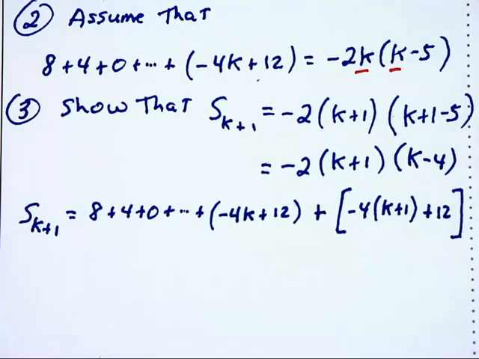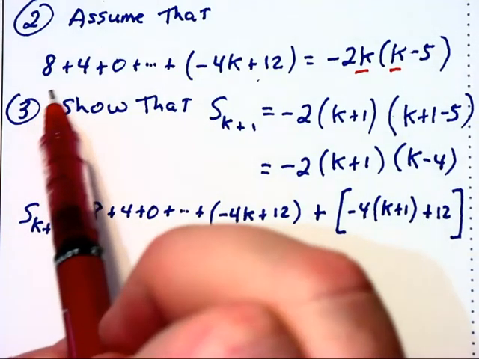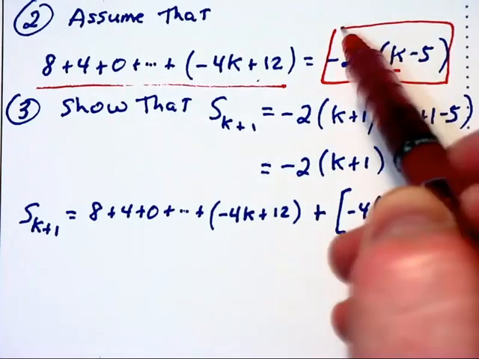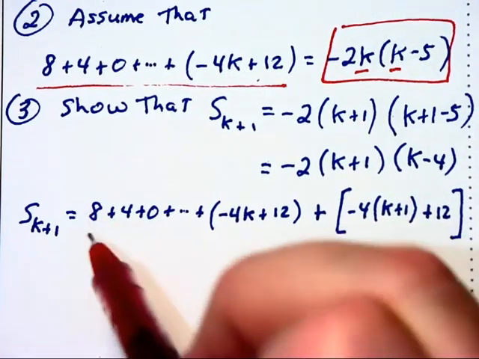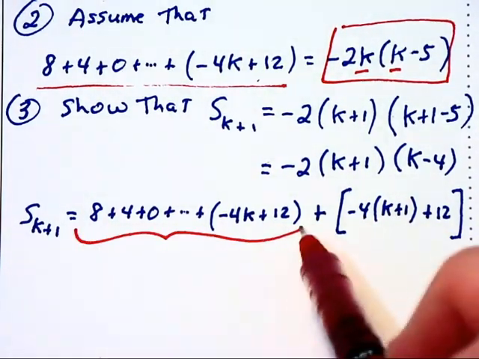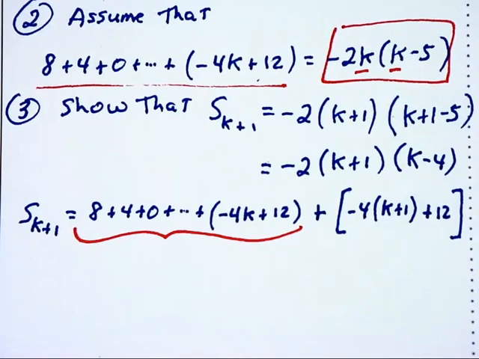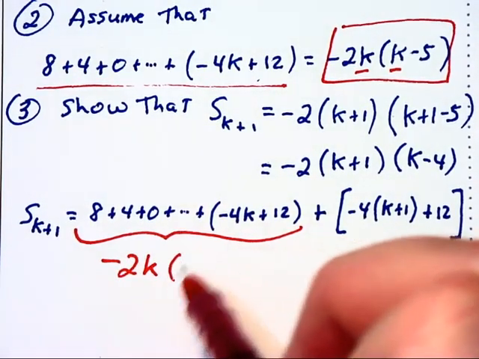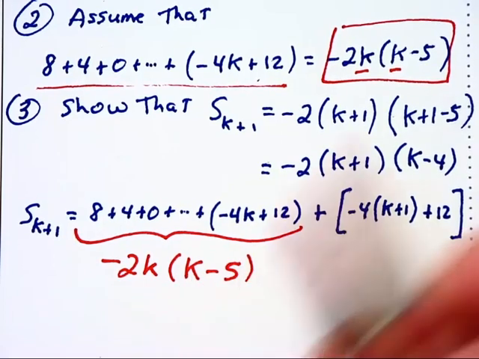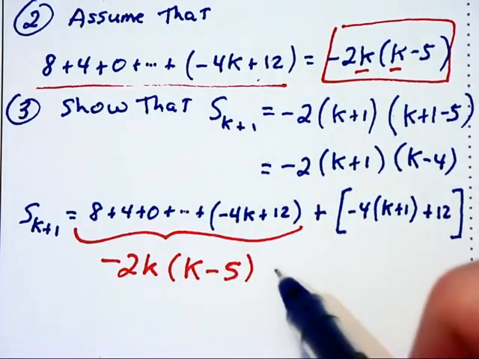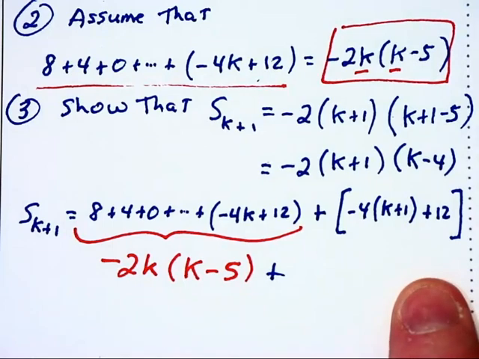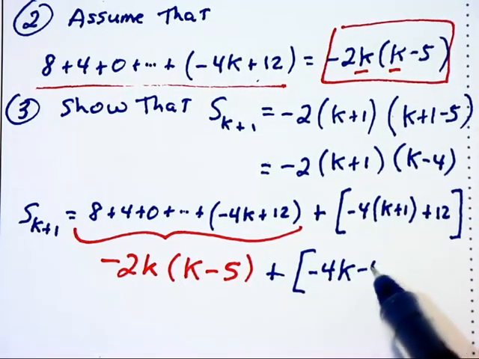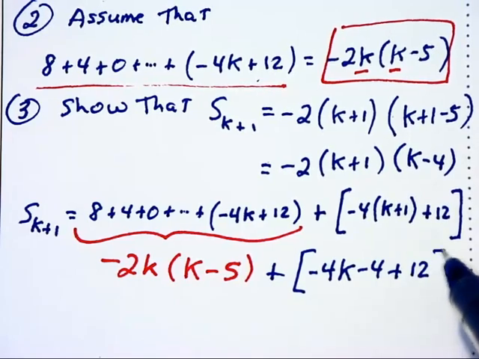Now, we've assumed in this first line that the sum of the first k terms is -2k times k minus 5. So I can take the sum of those first k terms that we have on this bottom line and turn that into -2k times k minus 5, and then add on this next term over here to the right, which is -4k minus 4 plus 12.